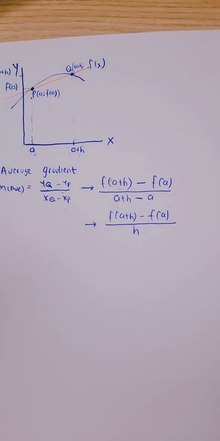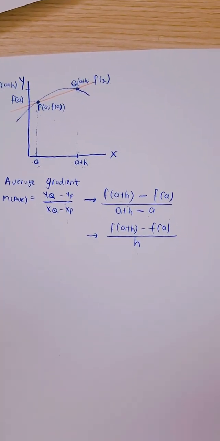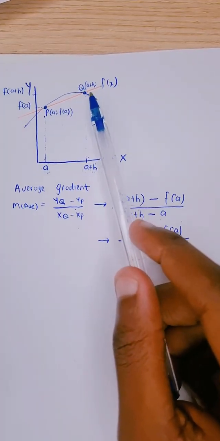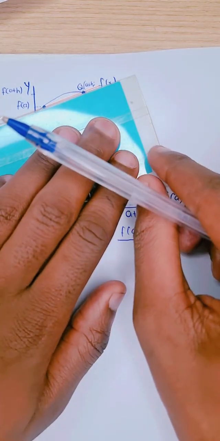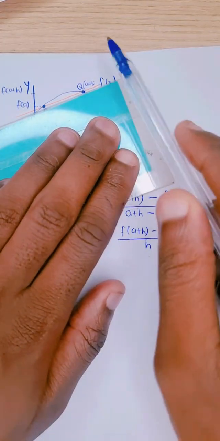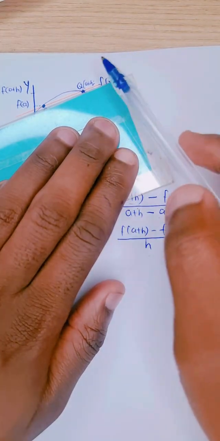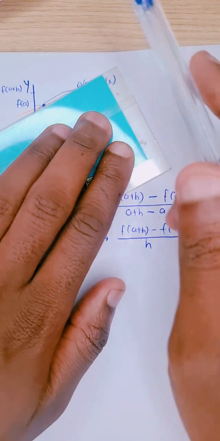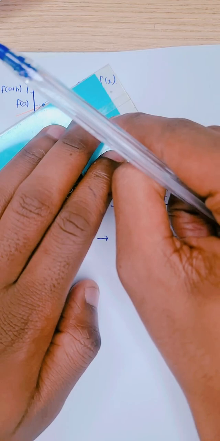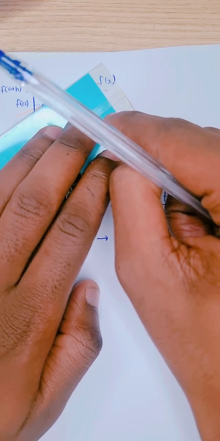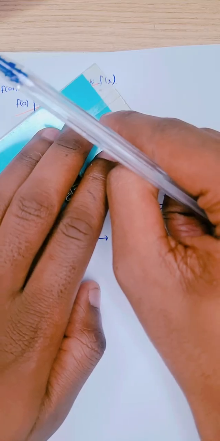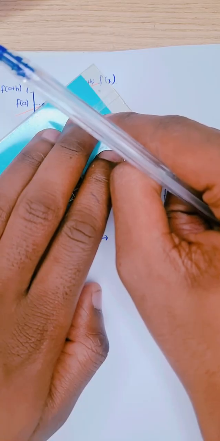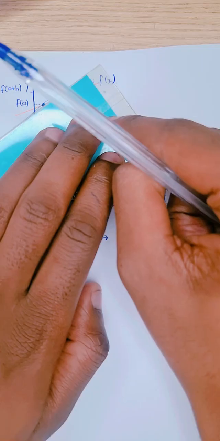If I was to take this line and begin to move Q, what happens as I move Q? I can move Q until it gets closer to P, right?